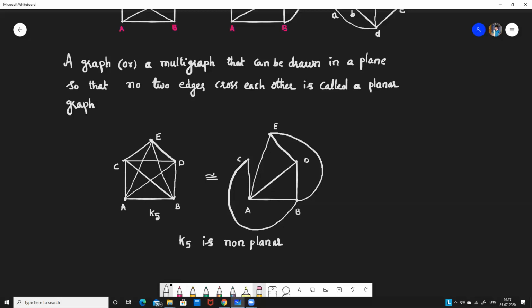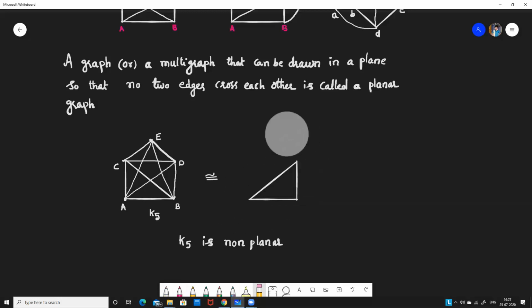Okay, we can remove this diagram. K5 is a non-planar graph. Let me take one more example.